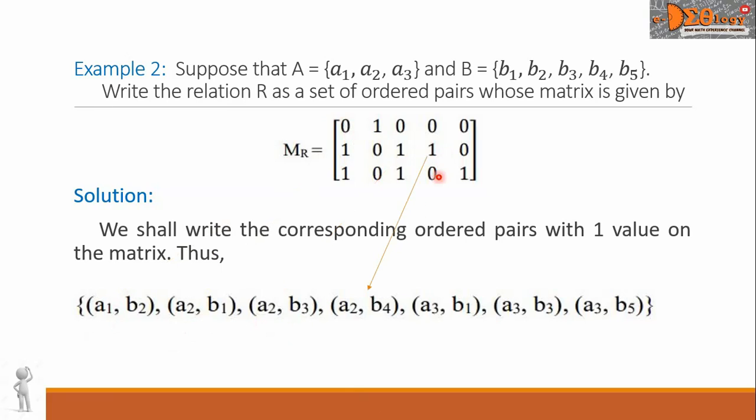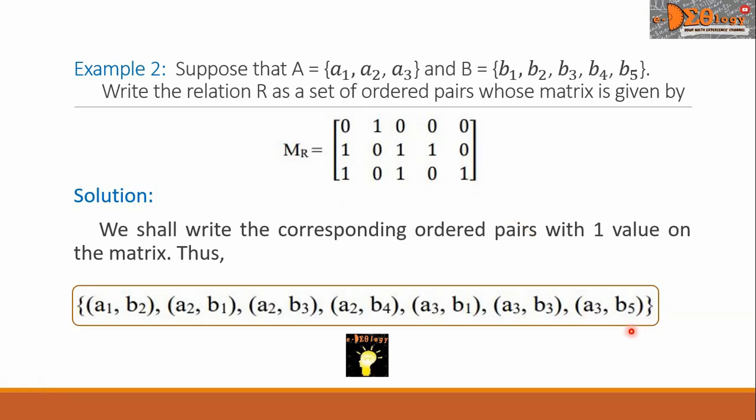This number 1 corresponds to (a sub 2, b sub 4). In the third row, this number 1 corresponds to (a sub 3, b sub 1). This number 1 here corresponds to (a sub 3, b sub 3). And this number 1 is (a sub 3, b sub 5). This is the final answer.